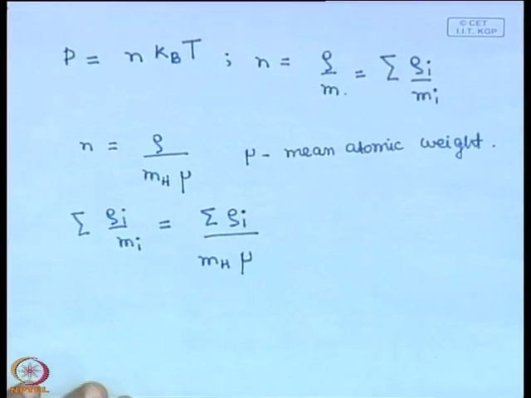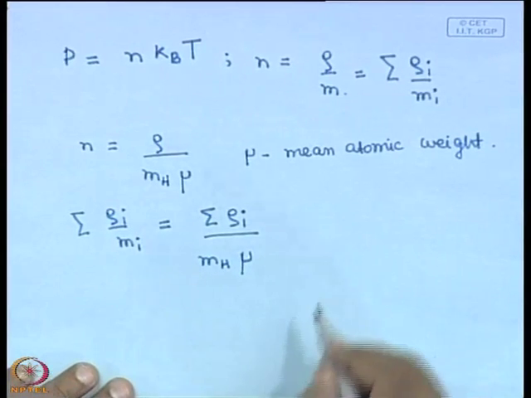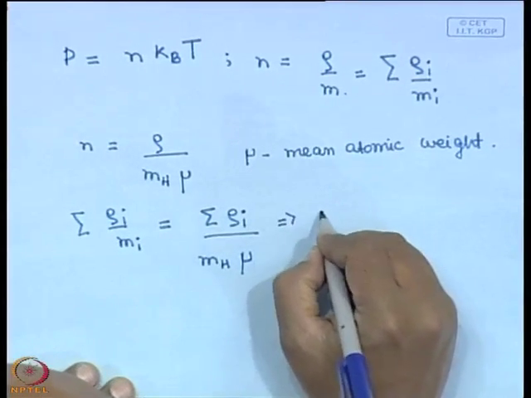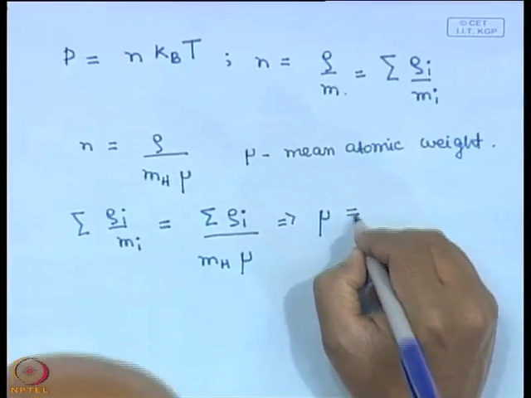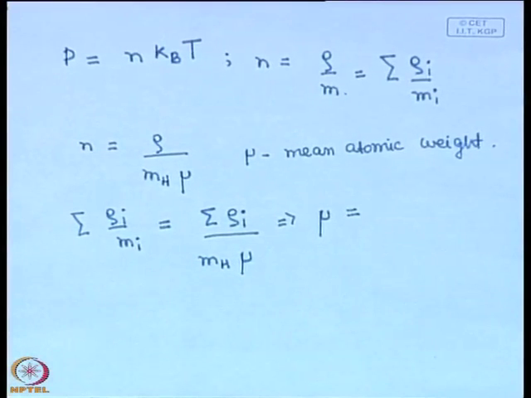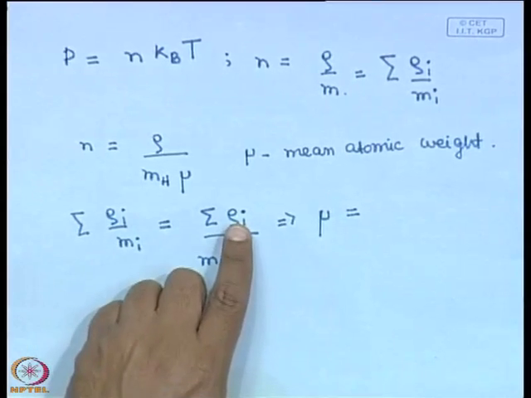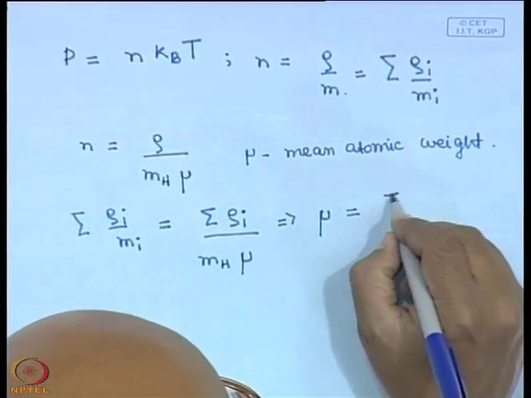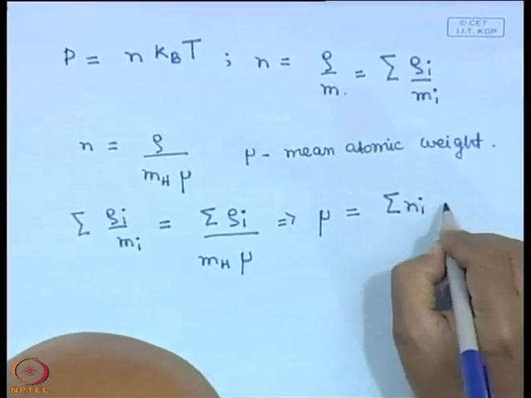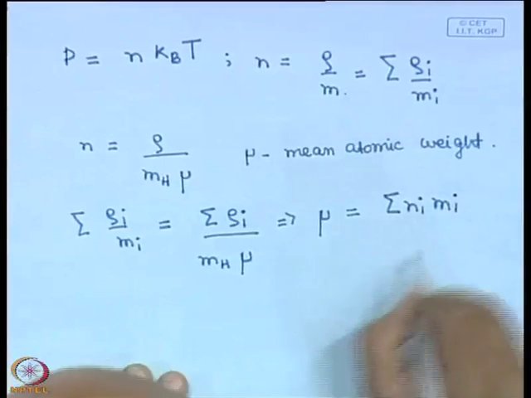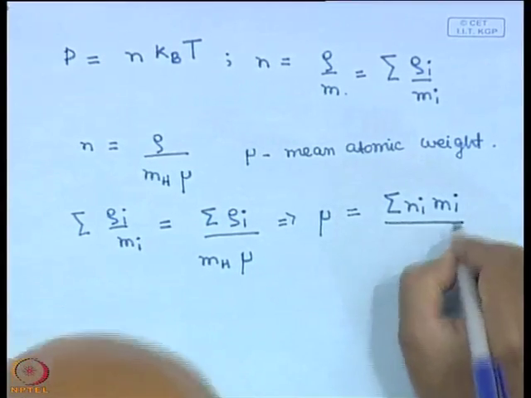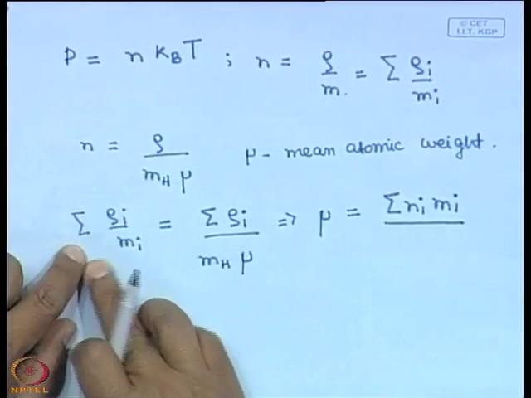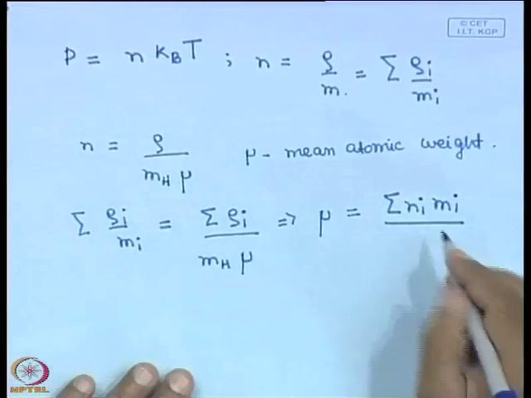right. So, from here we see that mu is equal to, now the mean density is the number density of each species into the mass of each species, that is rho, divided by the sum of the number densities N_i of each species.